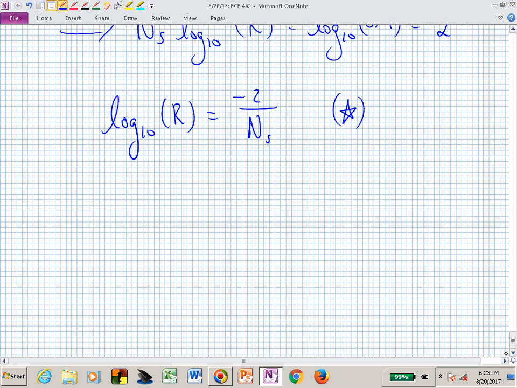If we wanted to solve for R, we would do the inverse operation of the base 10 log, which is to raise 10 to each side of this formula, so that R is equal to 10 to the minus 2 over N sub S.